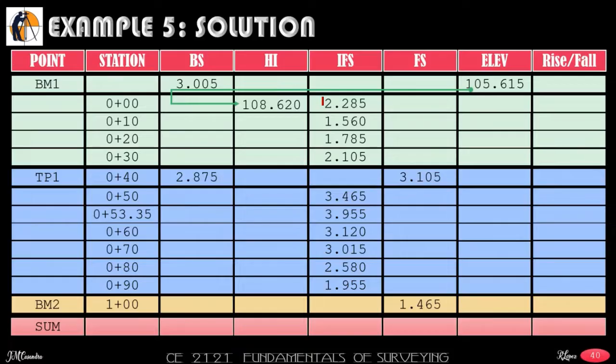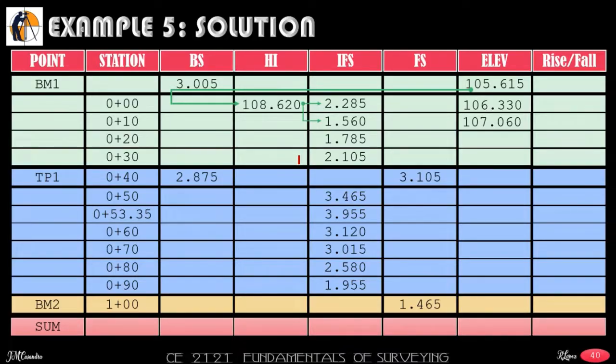For our full stations, we subtract the intermediate foresight. So that will be 108.620 minus 2.285. That will give us an elevation of 106.330. For station 0 plus 10, it will be 108.620 minus 1.560.